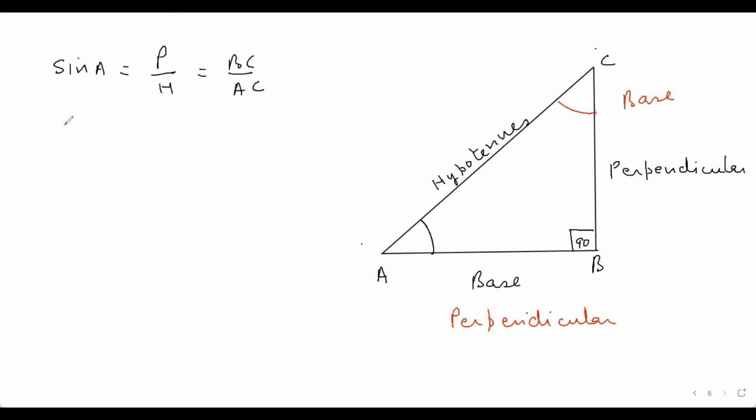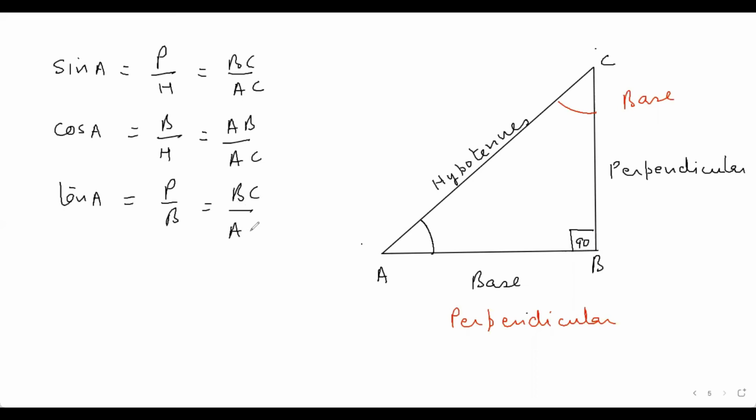If I talk about cos A, that is base upon hypotenuse. Now base is AB and hypotenuse is AC. Tan A is P by B, where P is perpendicular, here BC by AB. Now if I talk about sin C, then P by H. What is P here?